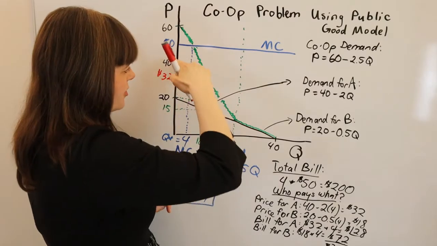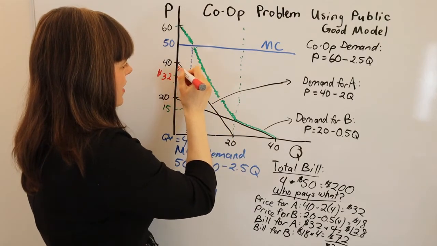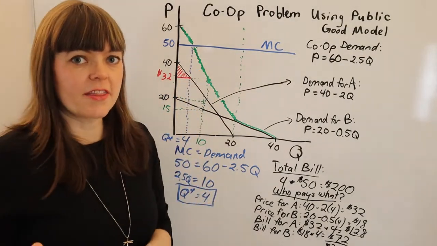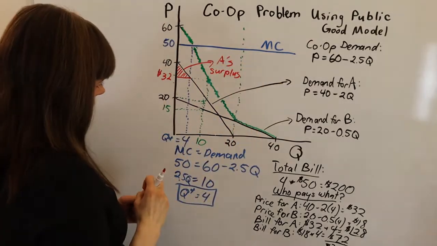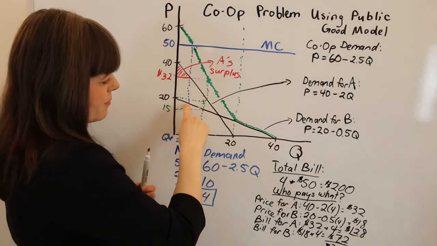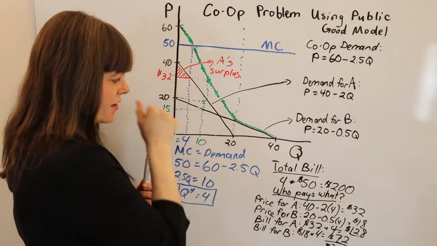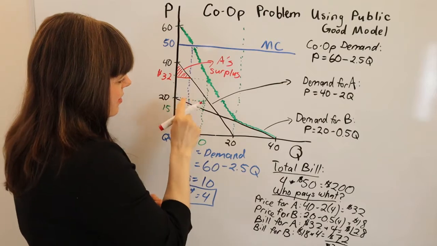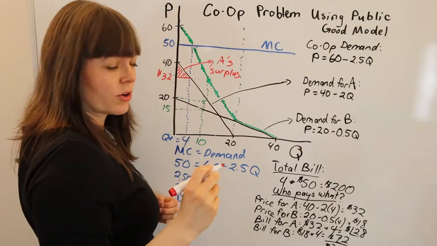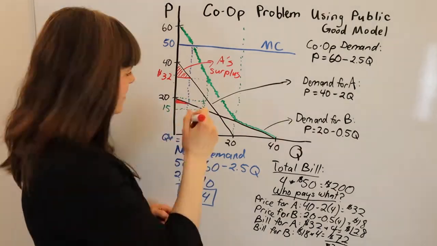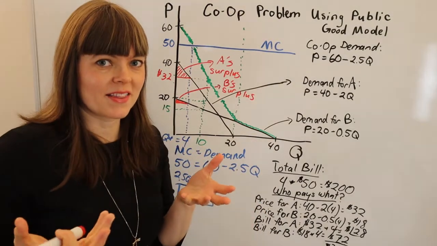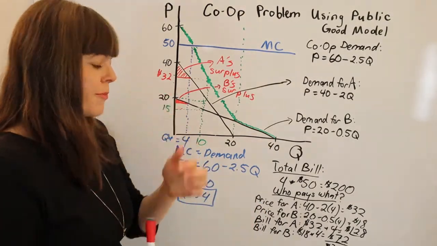Here's firm A's demand curve, so we can recognize the surplus that firm A gets from participating in the co-op. And then for firm B, we see that firm B pays this amount per module, which is $18 per module, and their demand curve is given here. So for firm B, their surplus is going to be equal to... So both firms benefit from participating in this agreement. There's positive surplus for both.